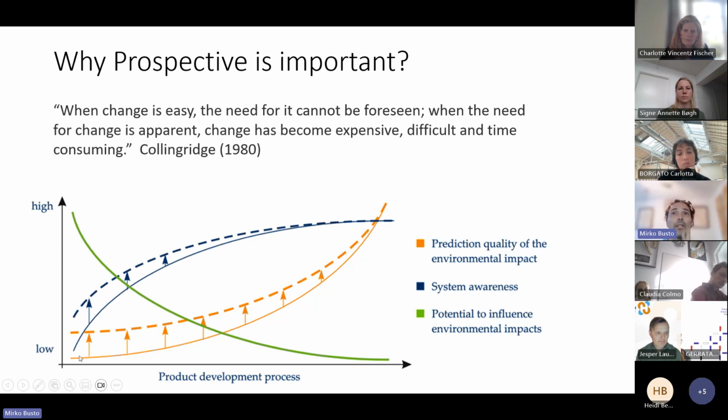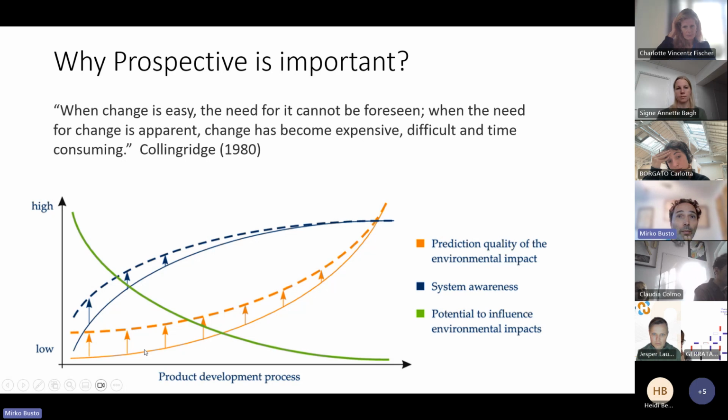The first thing that we see here is the prediction quality of an environmental impact. When we are at low TRL, in a low product development process, we have low prediction quality. Normally the system awareness, so the knowledge of the system under analysis, is quite low, and so the prediction quality is low.